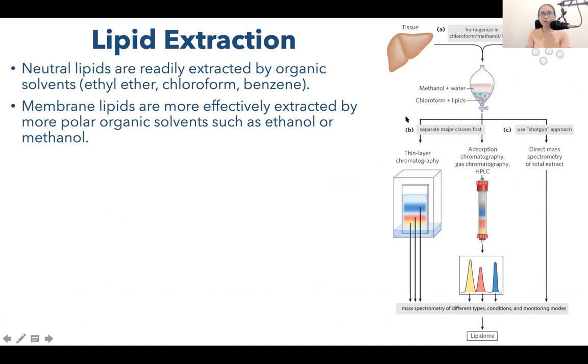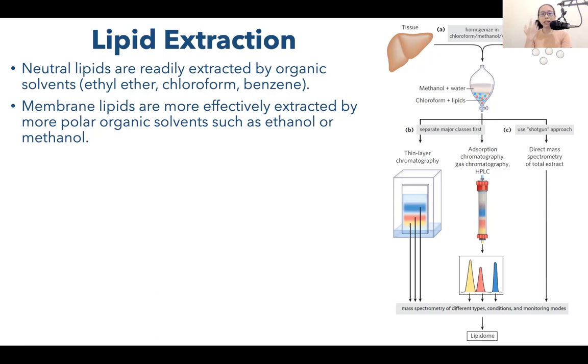So that's it for the function and structure of your lipids. So we move on to lipid extraction. Again, it follows the same process. You choose your source, you homogenize your source, you extract your target biomolecule, and then you perform analysis.